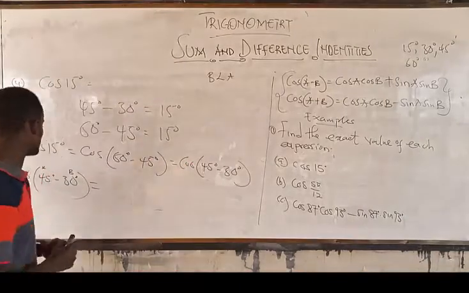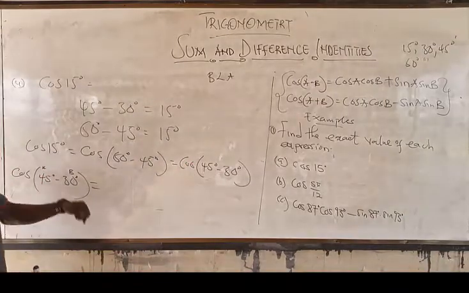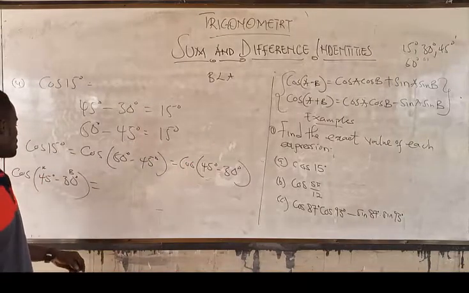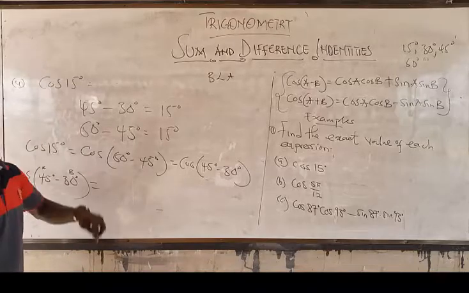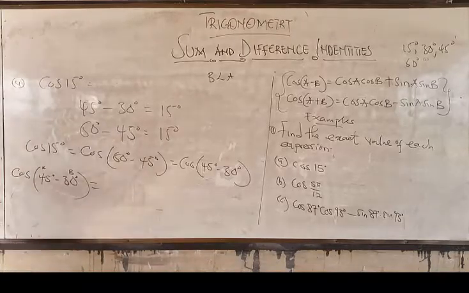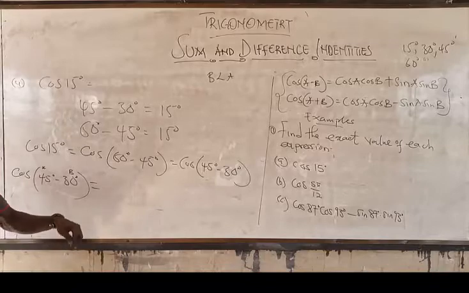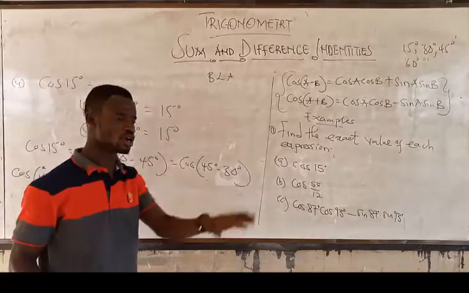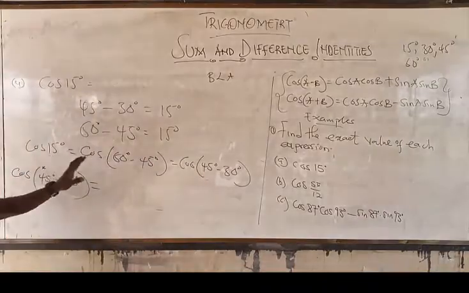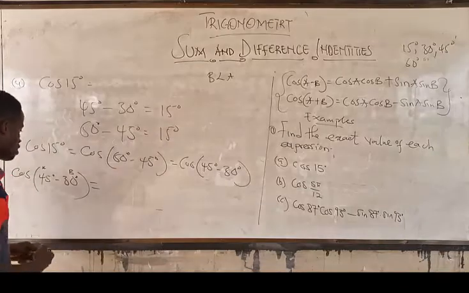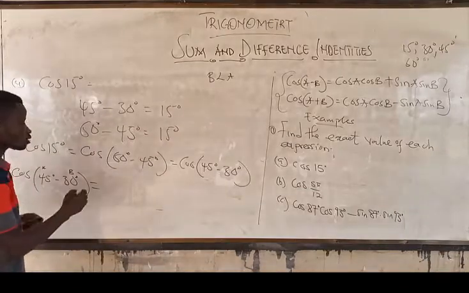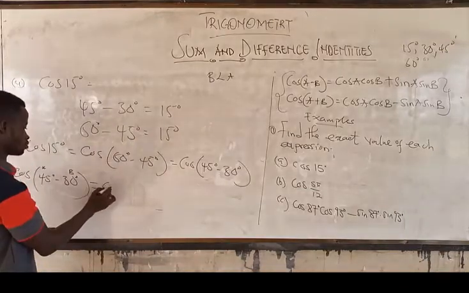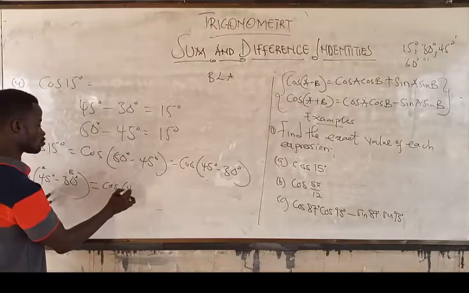So don't write 30 minus 45, because that will give you a negative value, which is wrong. The argument is always positive.